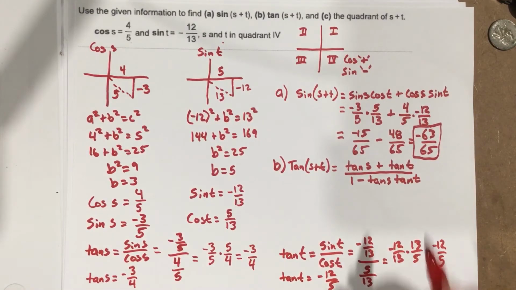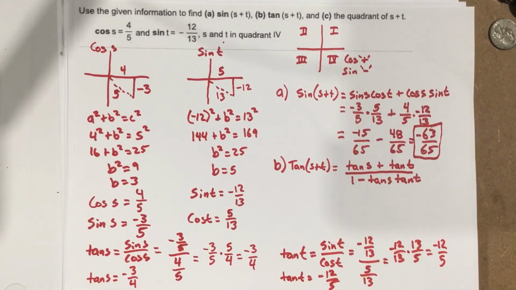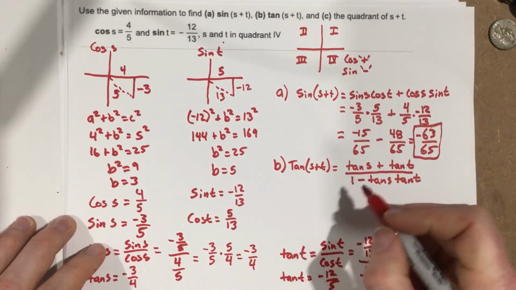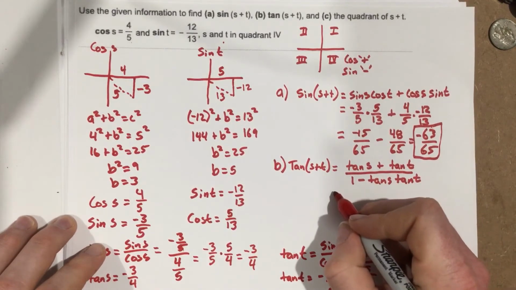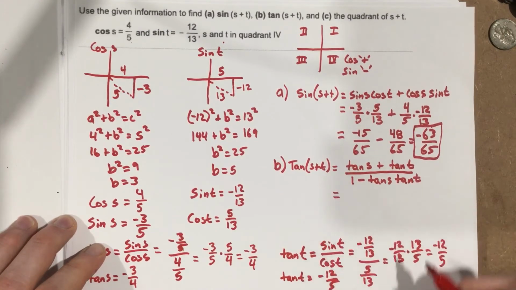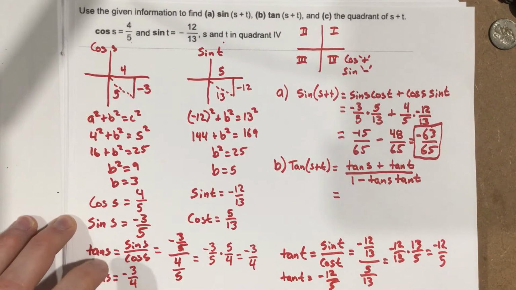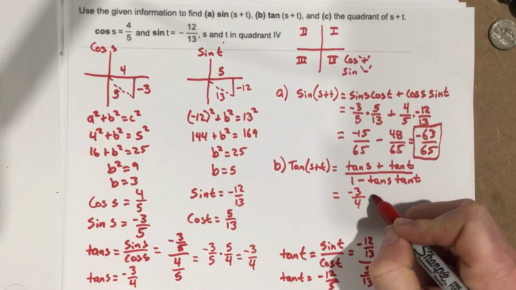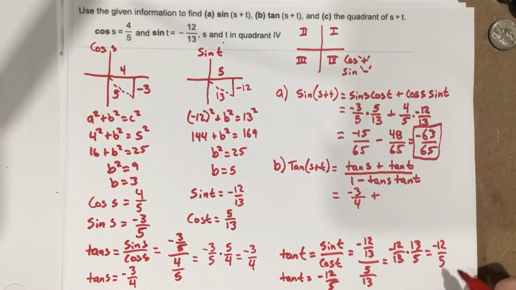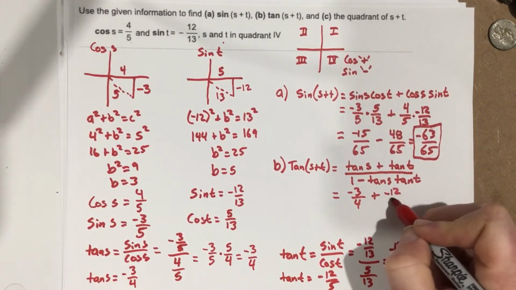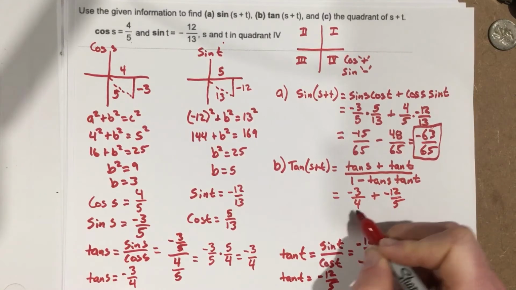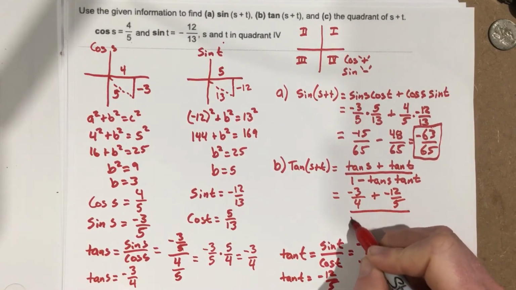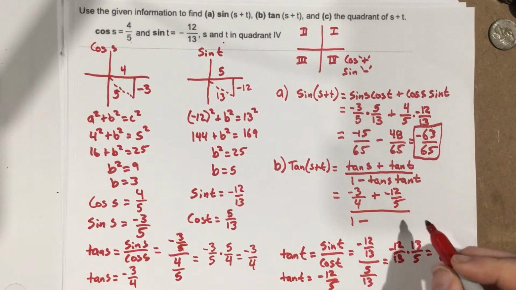All right, that means we can go ahead and start solving up here. So let's go ahead and say that we know this equals tan s, which is negative 3 over 4, plus tan t, which we knew is negative 12 over 5, over 1 minus tan s tan t.